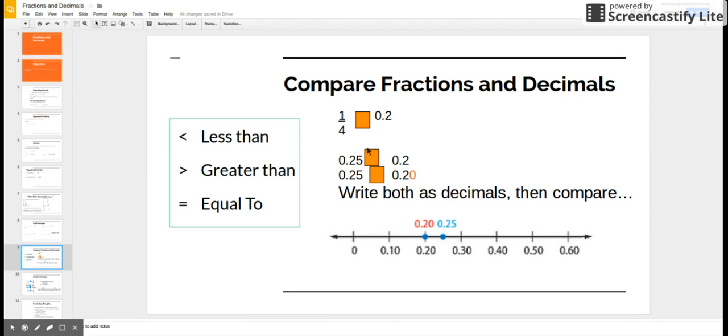Well, it's hard to compare these two, so I'm going to just add a 0 to the end of this 0.2. So now I have 25 hundredths. Now I have 20 hundredths. Well, which is greater? The 25 hundredths. If you don't believe me, you can draw out a number line and realize that 0.25 is to the right of 0.2. So in other words, 1/4 is greater than 0.2.